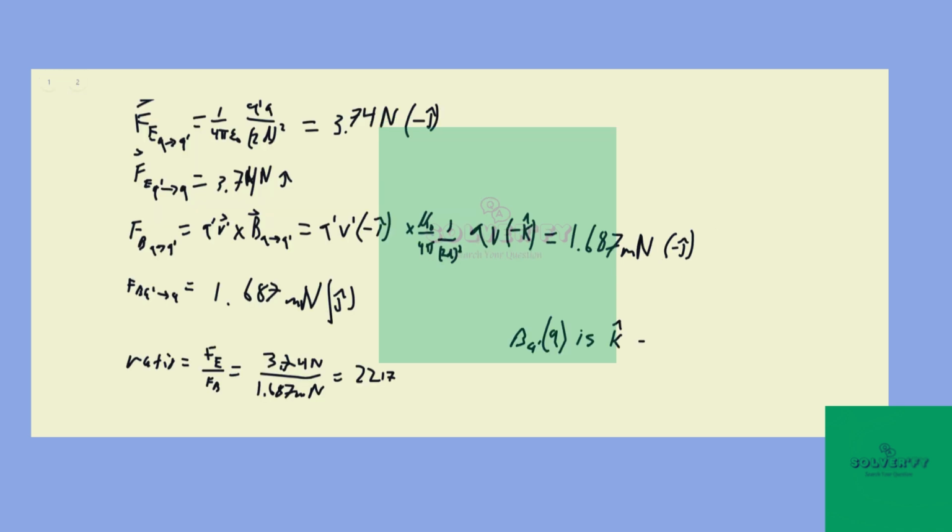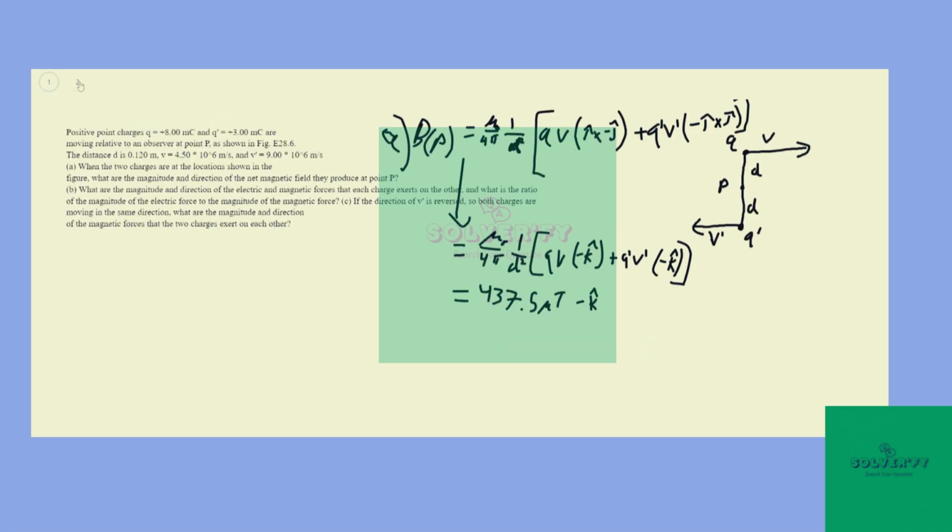So that means that when Q is moving to the right, that's going to be i hat crossed with k hat, and it's going to result in a force that is negative j hat. So that one's going to be pulled down.